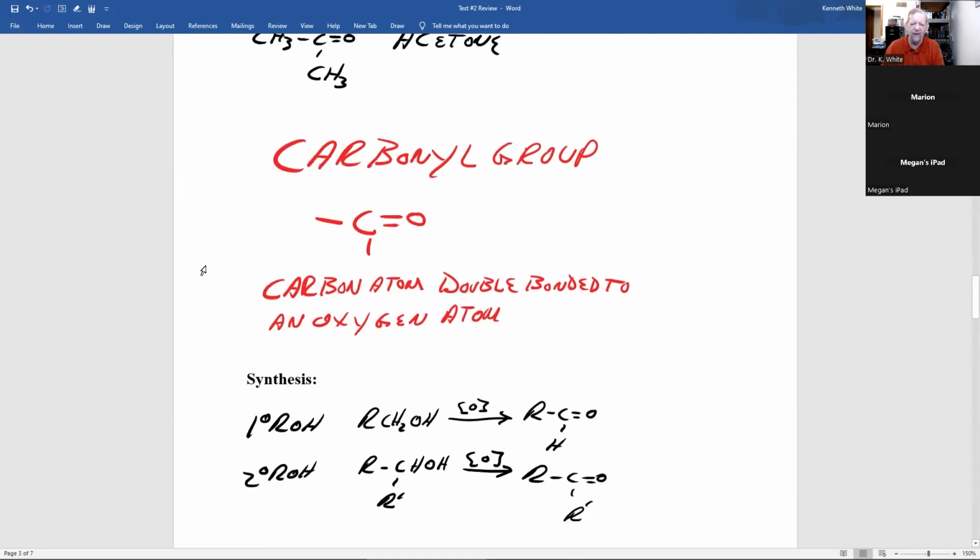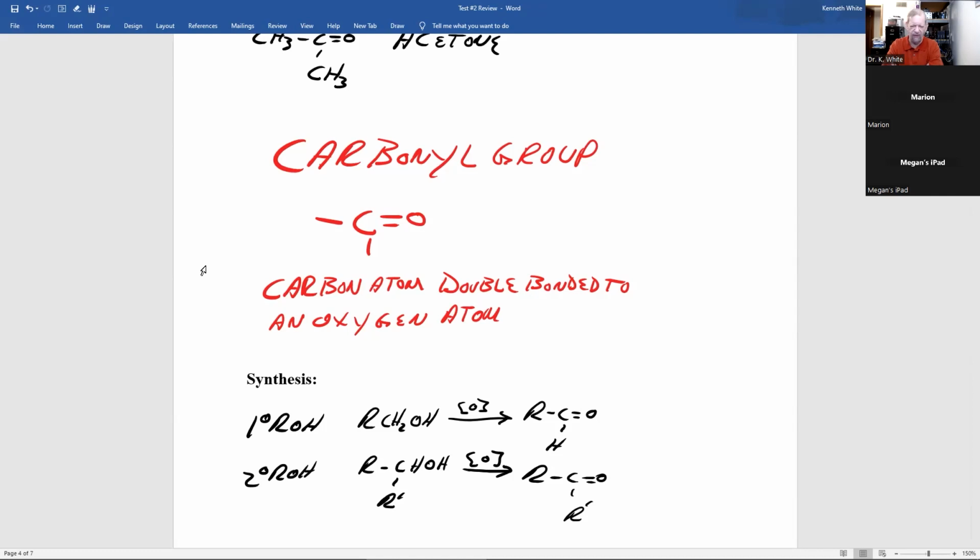Now, one of the most important things to me personally, I think to any organic chemist, should be the carbonyl group. That's a carbon atom double bonded to an oxygen atom. It's in a ketone, it's in an aldehyde, and you'll see it's in other functional groups. It is not a functional group, but it's an important group, probably in my mind the most important in all of organic chemistry.